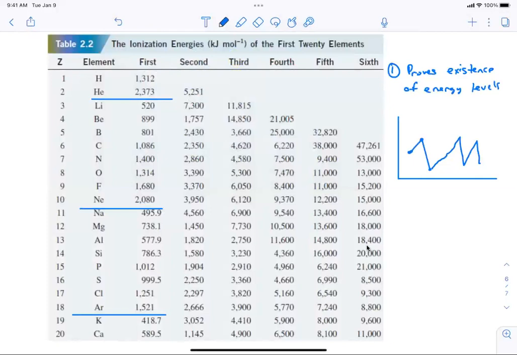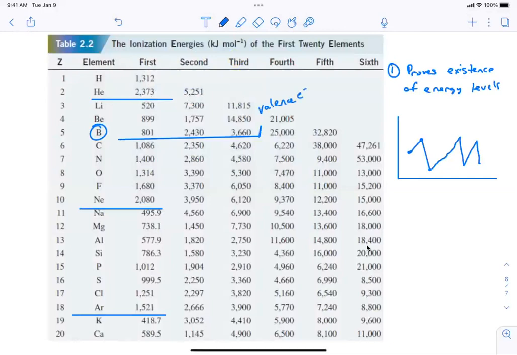You could also see this within an atom because remember, valence electrons are on a different energy shell than inner electrons. So if you look at boron here, there is a gigantic jump between the third ionization energy and the fourth ionization energy right here. What that tells us is these 3 electrons are valence electrons.